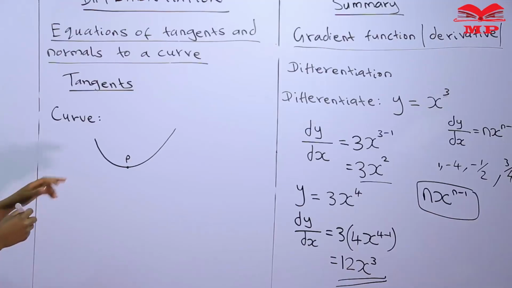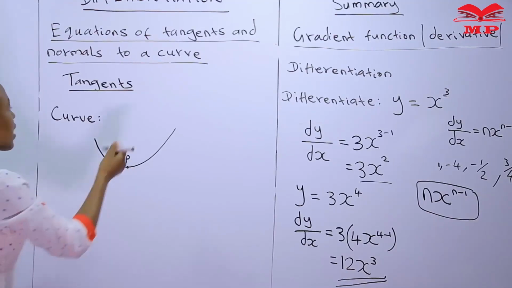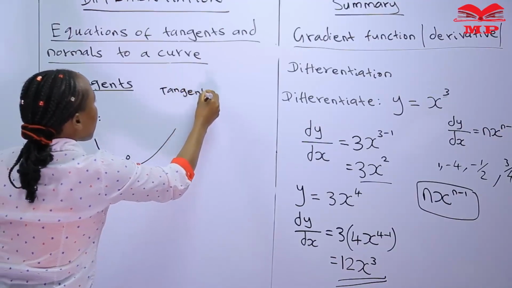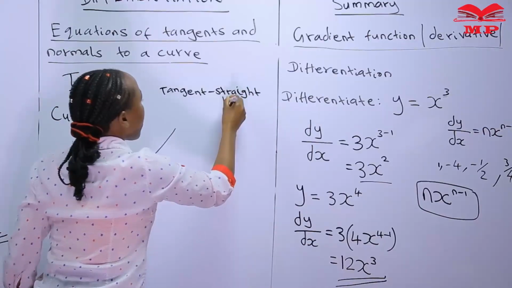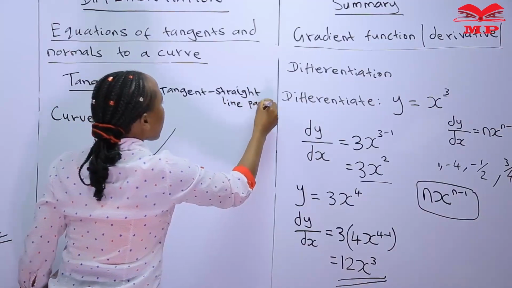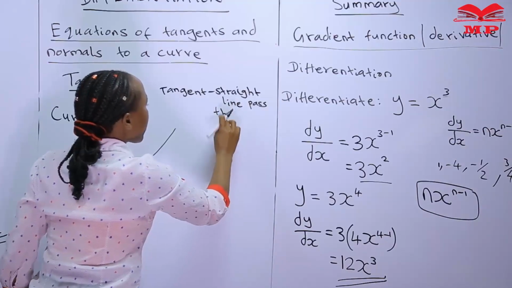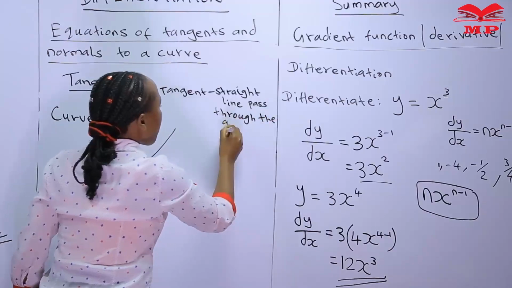A tangent is a line that will pass through that point. It is a straight line that will pass through the given point.